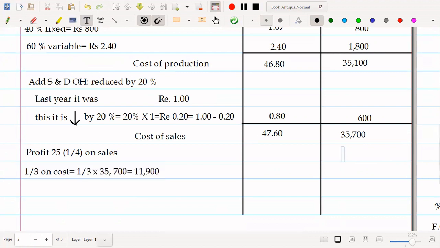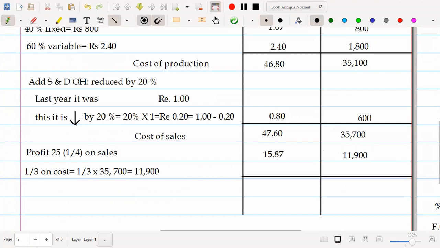Let's write down here 11,900, and per unit will be 15.87. Now let's total this so that we can find out the sales amount.